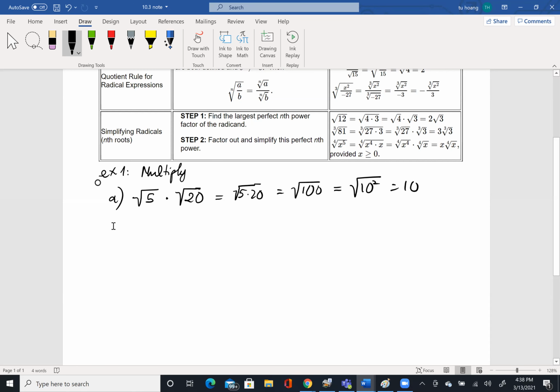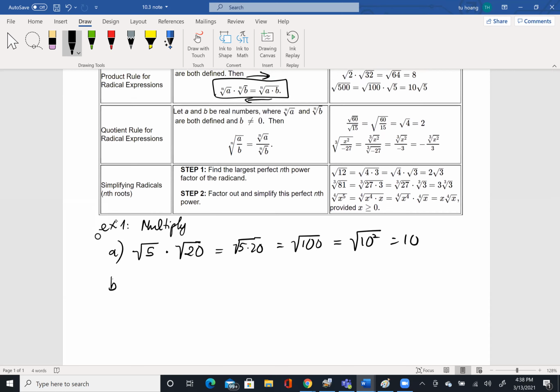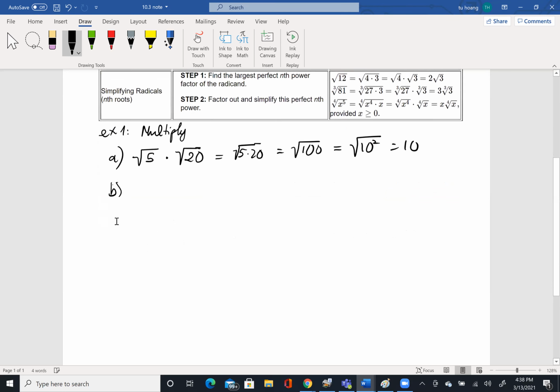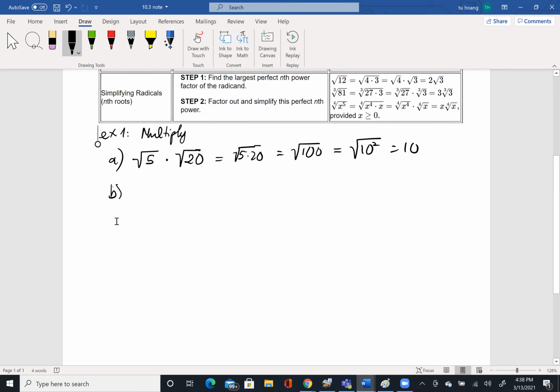Okay, so let's have another example. Let's say cube root of -3 multiplied by cube root of 9. You will have what? Same index. So you can just have -3 times 9 cube root of that.